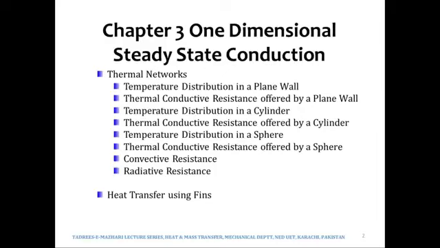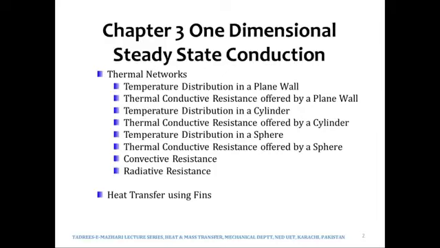And then the next topic, after temperature distribution, is the resistances. So far you are aware of the electrical networks and electrical resistances using Ohm's law, V is equal to IR. We would be using the same analogy, and we would be discussing the thermal resistances. There would be various types of thermal resistances.